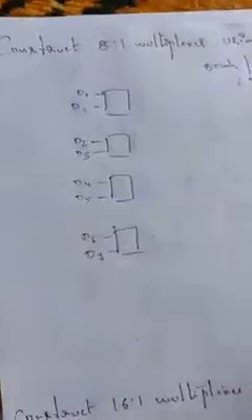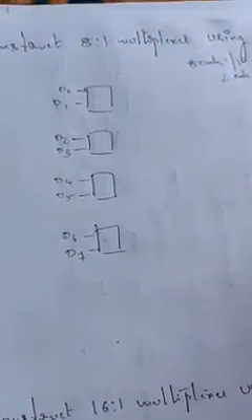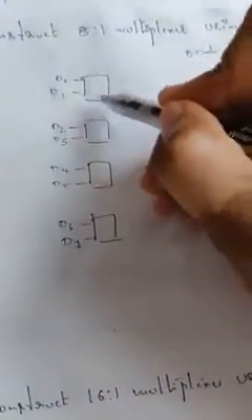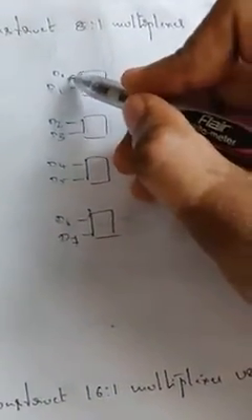So D0, D1, D2, D3, D4, D5, D6, D7. D0 to D7. So 8 data inputs, right? And a 2:1 multiplexer means 2 data inputs, 1 output.